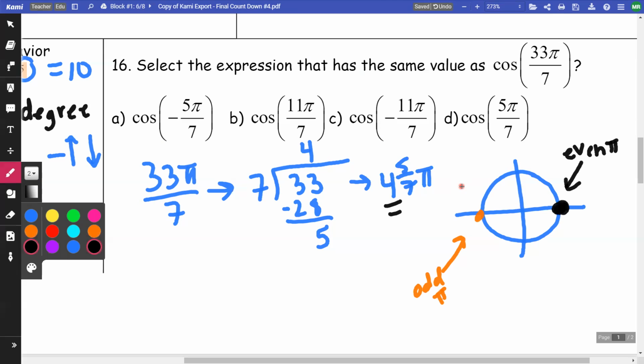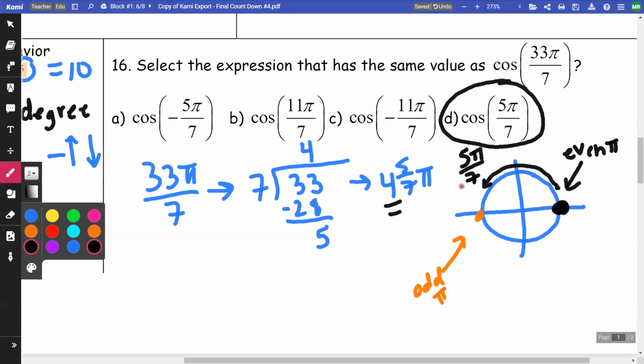Then I need to go 5/7, so I'm going to go 5 pi 7ths away. That's where I would be. So this one definitely would give me the same value because I ended up at 5 pi 7ths.